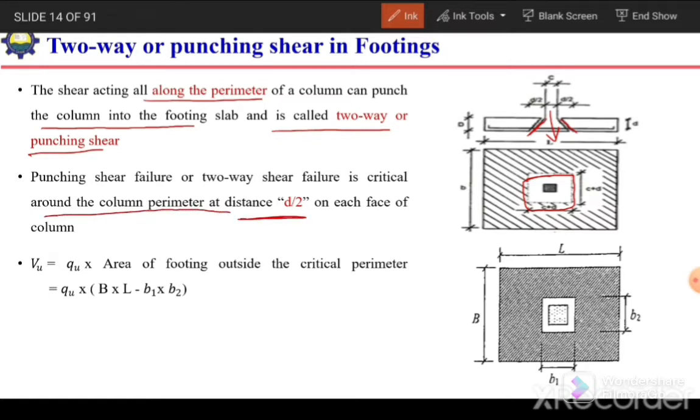In the case of two-way shear, we consider the critical section at a distance d by 2 from the face of the column.